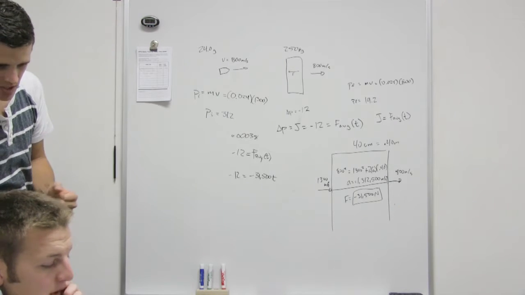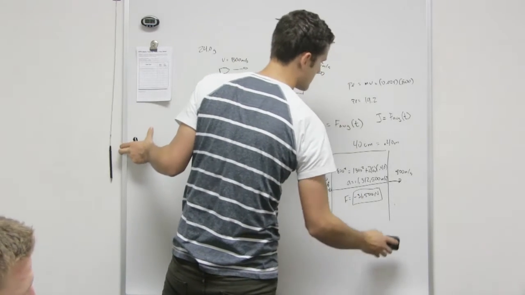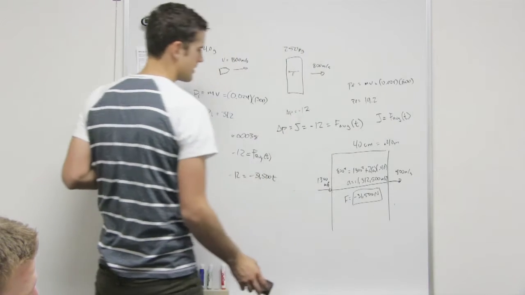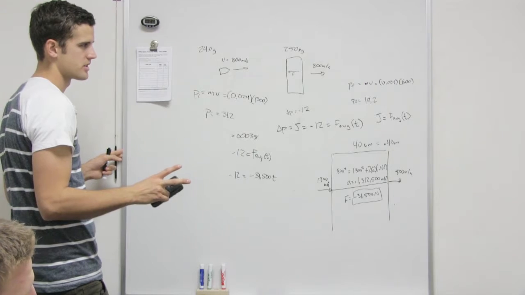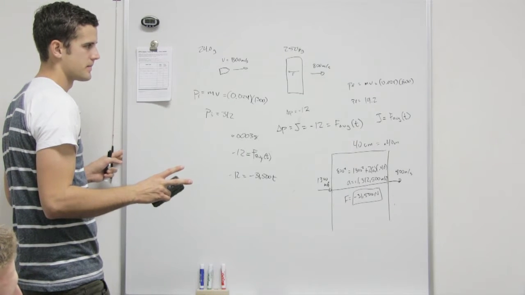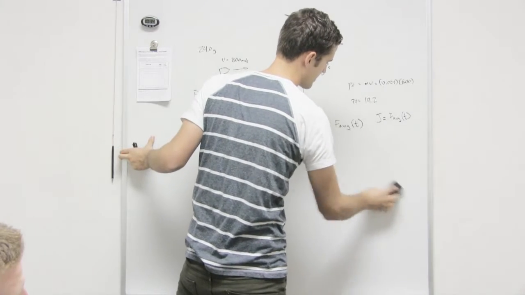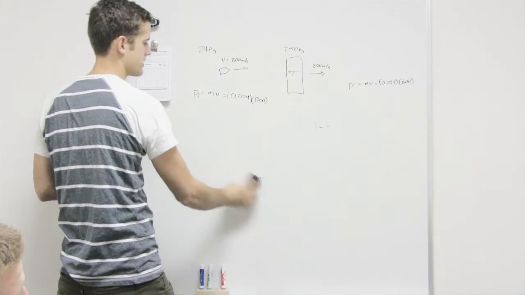What is the target speed just after the bullet emerges? You can look at this two ways. We found the force, 31,500.